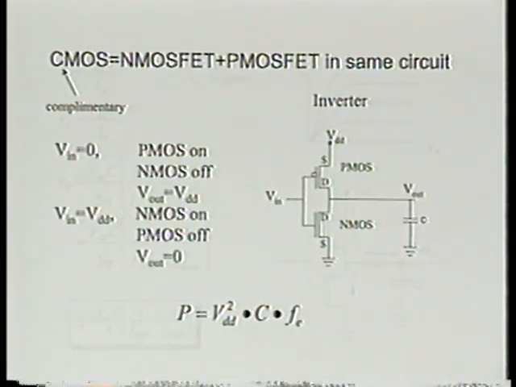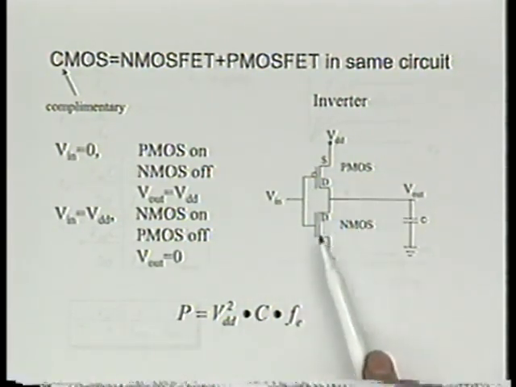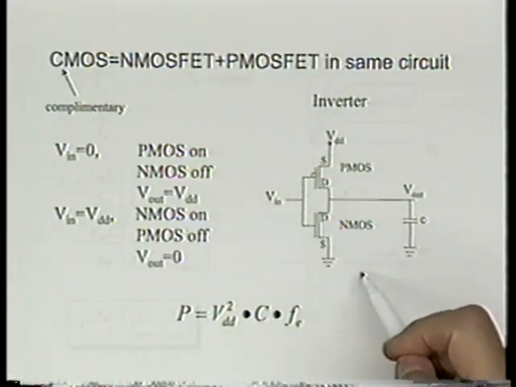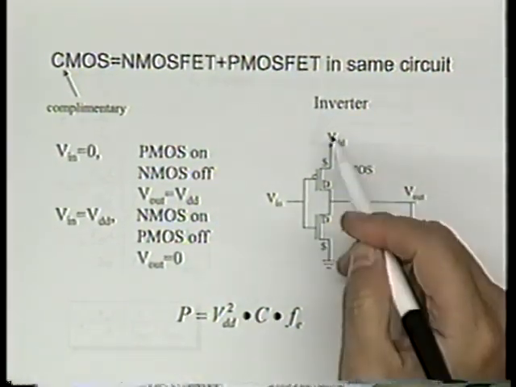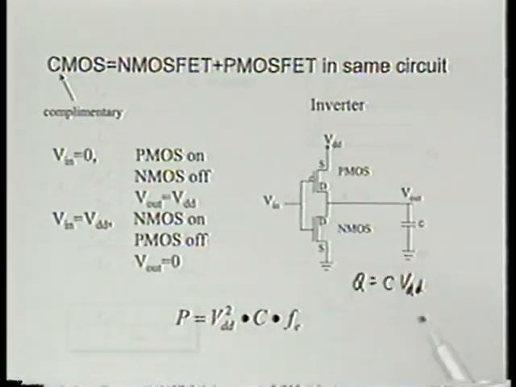Before we talk about the delay, let's just briefly mention the power of a CMOS circuit is equal to VDD squared times C times the effective switching frequency. This is because every cycle of switching, a charge Q equal to C VDD flows through this power supply, is supplied by the power supply.